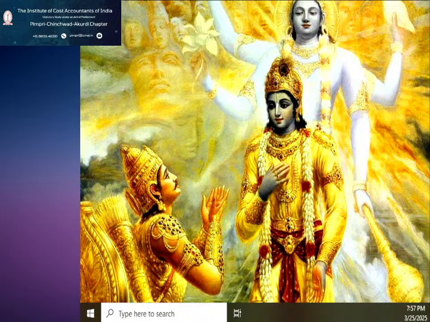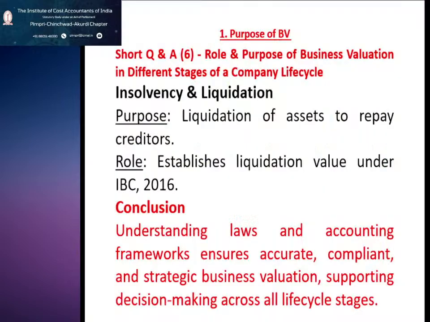So in a way, as a conclusion, it is very essential to understand the laws and accounting frameworks, ensuring accurate, compliant and strategic business valuation, supporting decision making across all life cycle stages.